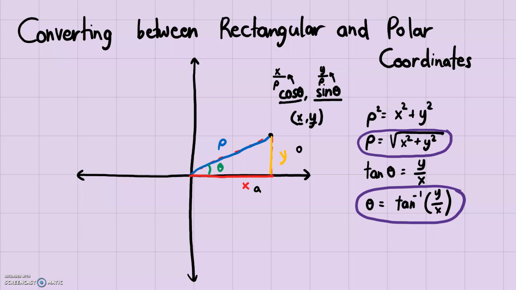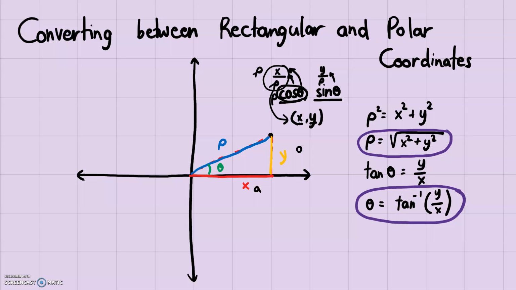So to switch this into just x, we'll have to multiply by rho. If you multiply by rho, then we'll just end up with x, right? Because cos theta is the same thing as x over rho.